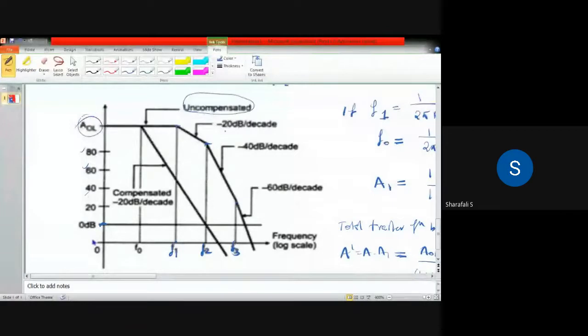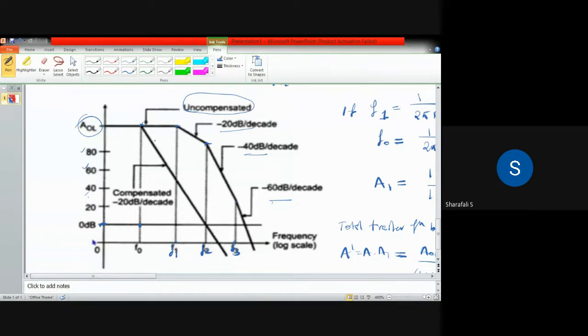In the uncompensated case, we have minus 20 dB per decade, minus 40 dB per decade, and minus 60 dB per decade, as we discussed in the dominant pole compensation. The same kind of figure applies here. But in the compensated network, we have an additional pole at f0.